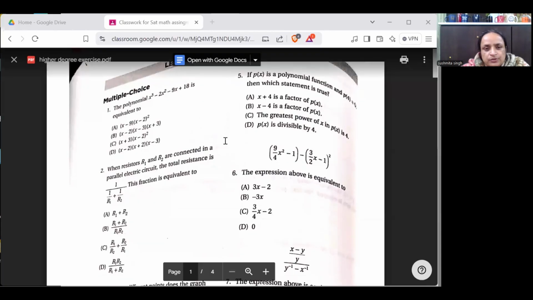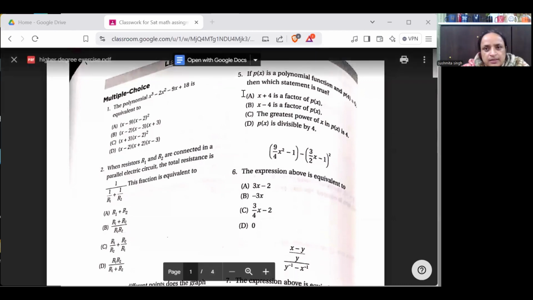So these are a few of the questions on polynomials. Those people who are good in algebra can solve this algebraically, just by taking the x squared out over here, and then x minus 2, and then minus 9 and x minus 2.